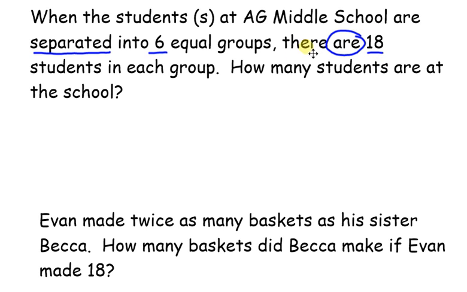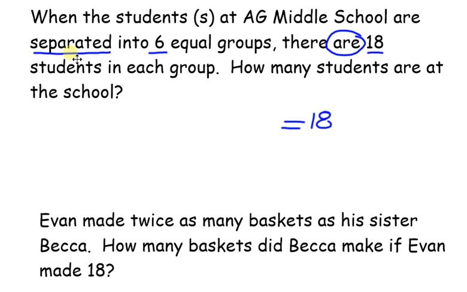And so there are 18 groups. There is 18 groups. It's not grammatically correct to say is 18 groups, and so are is just the plural of is. There's a little language arts lesson for you. So whatever it is, it's going to be equals 18. Now this word right here is separated into 6 equal groups.